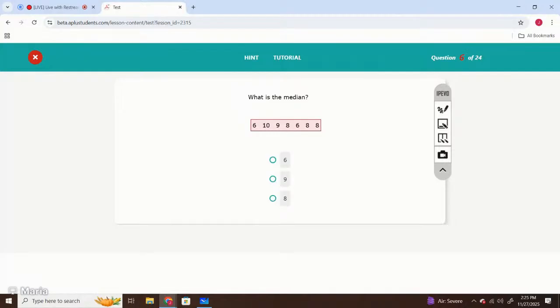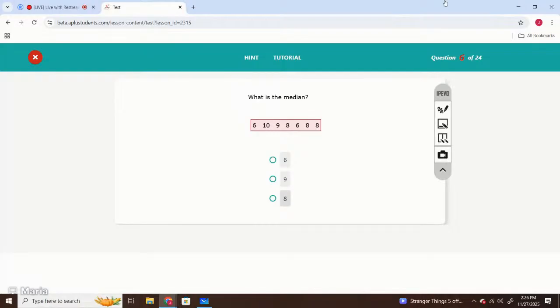Again, we need to calculate the median. So what is the median? So the median is 8.